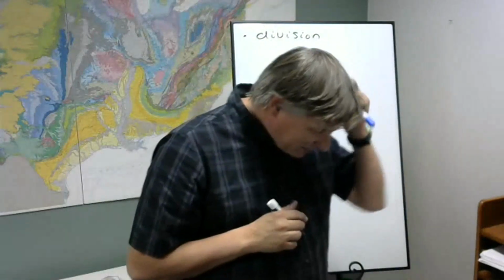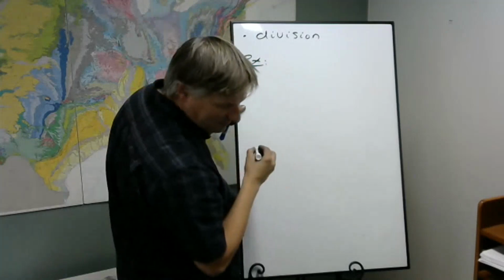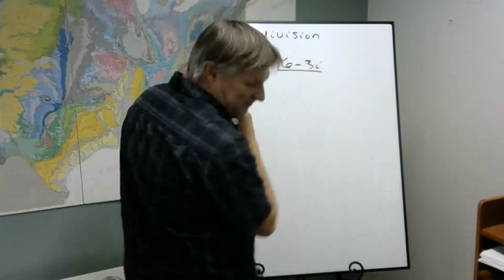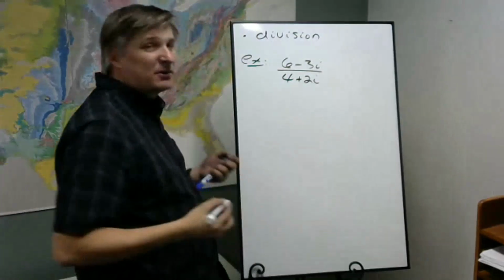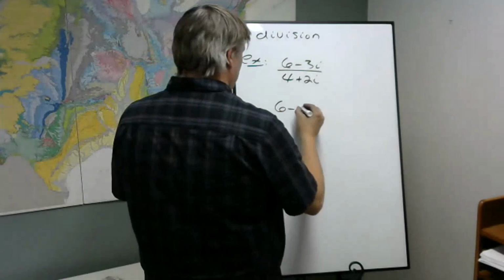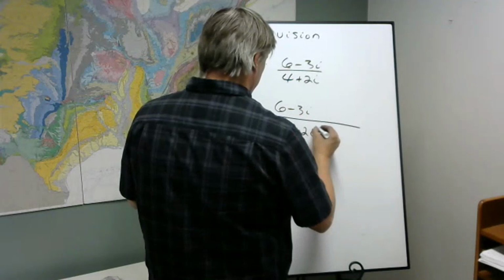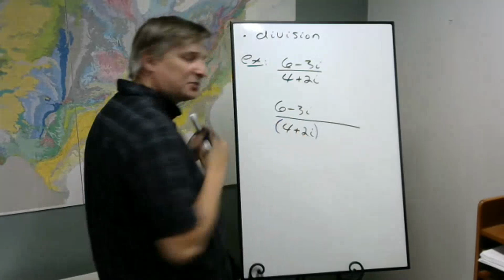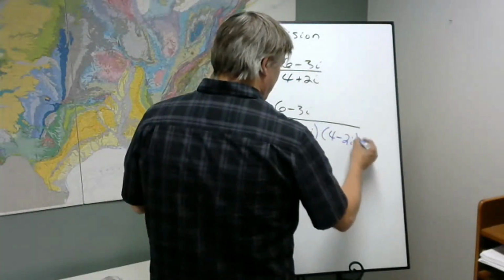So let's say we have something like this. Well, now we're going to use that trick that we used for radicals. So if it's 4 plus 2i, multiply top and bottom by 4 minus 2i.